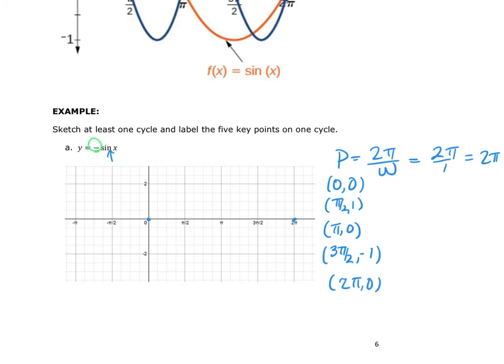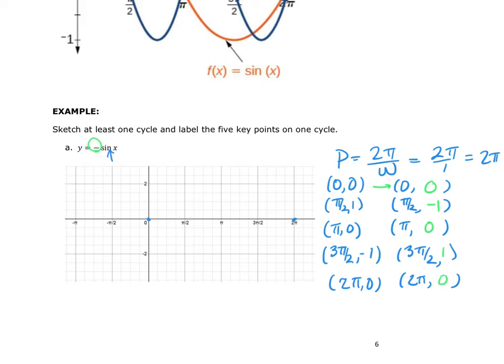What this does is it takes all of my y values and multiplies by a negative 1. So it's still going to be 0 input, pi over 2 input, pi input, 3 pi over 2 input, and 2 pi input. So those don't change. What changes is the output, and so this goes to still 0, this goes to negative 1, 0, 1, and then 0 again.